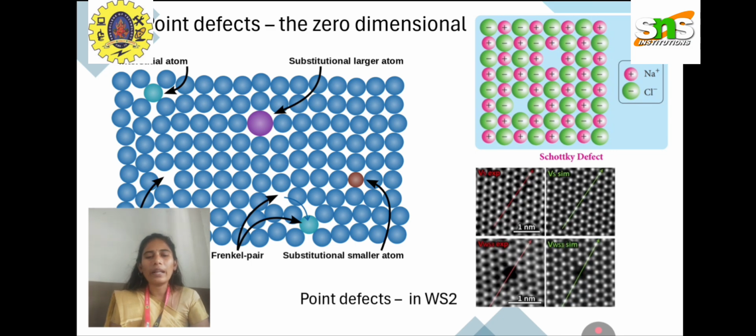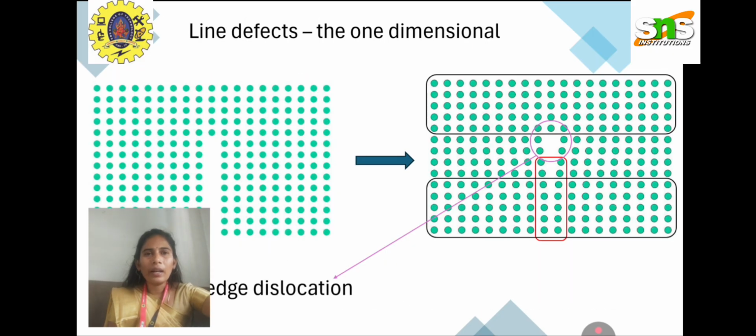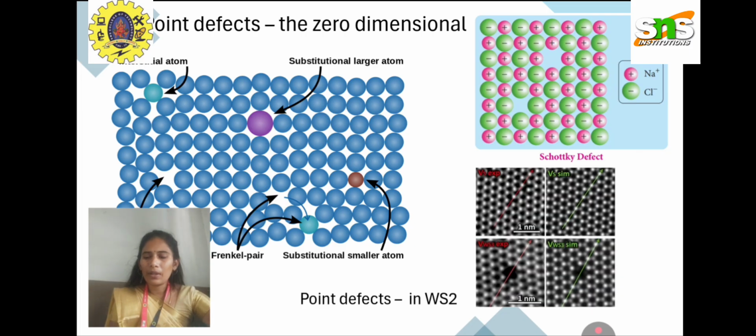Impurity atoms are introduced into the crystal structure as substitutional or interstitial atoms. Foreign atoms either occupy lattice sites from which the regular atoms are missing, or they occupy positions between the atoms of the ideal crystal, as shown in the figure. These are point defects, also called zero dimensional.